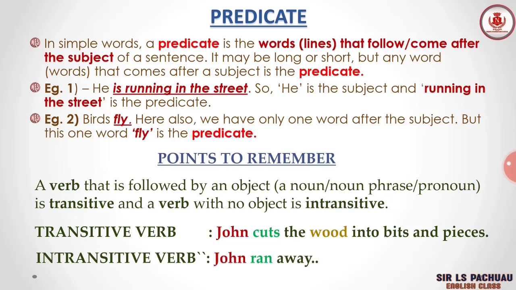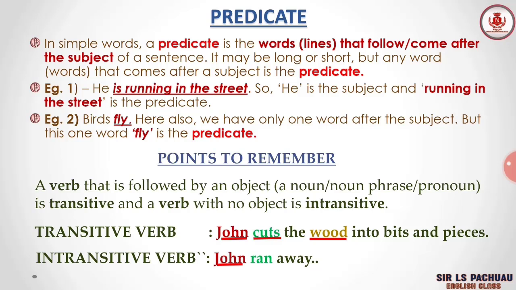Intransitive verb. John ran away. It doesn't mention where, so we don't have an object. So a verb that doesn't have an object is called an intransitive verb. We are going to learn transitive and intransitive verbs in detail in the next class, but this is just the introduction. John is the subject, cuts is the verb, and wood is the object.